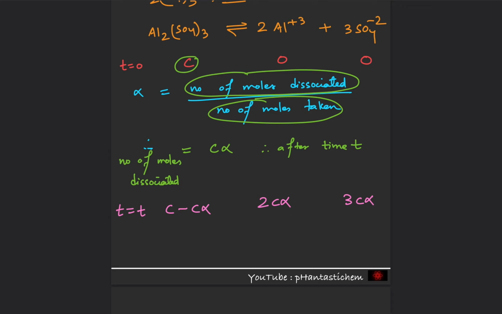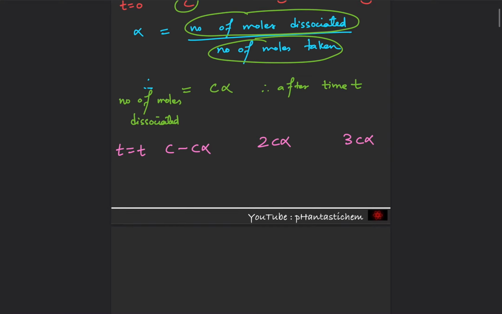Similarly, the concentration of sulfate ion is 3C alpha at time t because 1 mole of aluminum sulfate dissociates to give 3 moles of sulfate ion. So therefore, C alpha will dissociate to give me 3C alpha of sulfate ions.